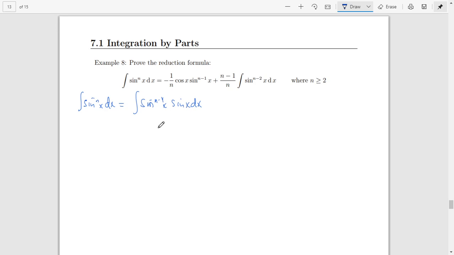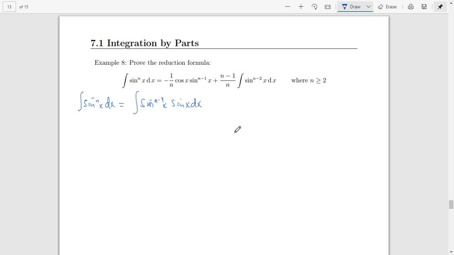Well, we only have sine, so we are just going to make our choice of u the way we should to make our life easier. Well, I know if I differentiate sine to the power of n, it's likely going to give me something simpler.